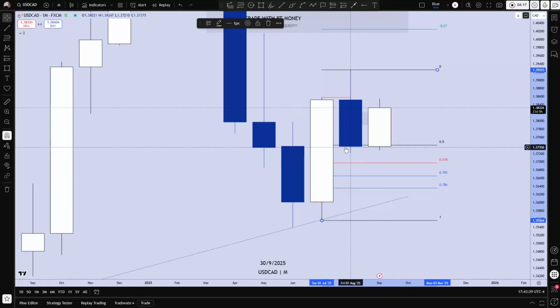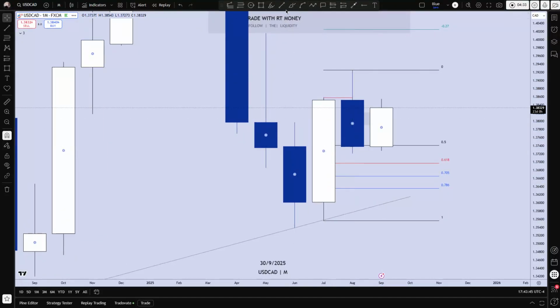We are already in the discount of this range. Prices above the 50% are premium, and below the 50% is the discount. Price dipped into the discount right here, and you can see that we've been bullish from there.